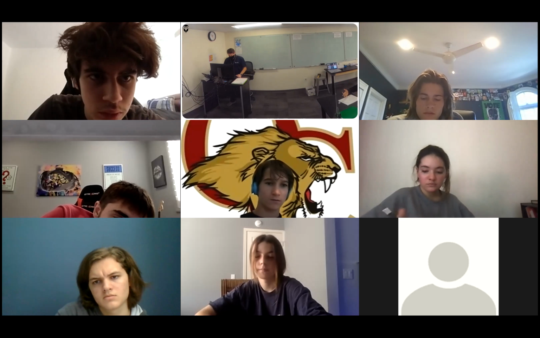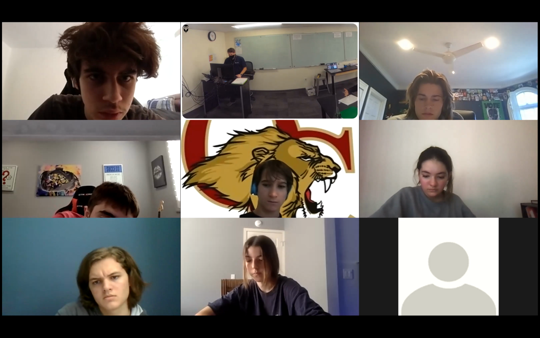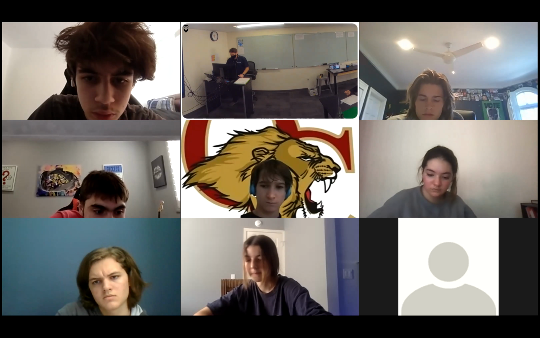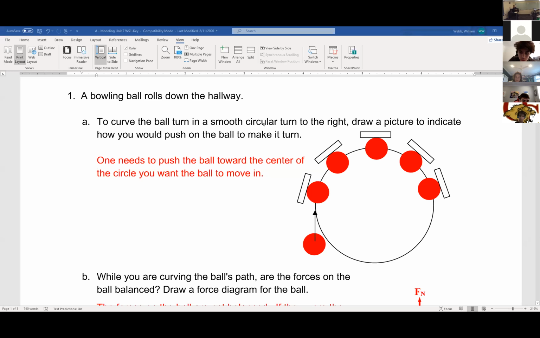But let's take a look at what we can for number 1 and number 2. So for number 1, this is very similar to what we witnessed out in the mezzanine, that the ball initially they had to make it go in a straight line, but then to make it start to curve, they had to change the force that they applied.